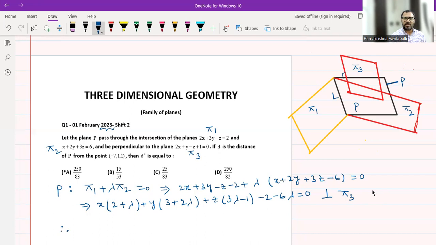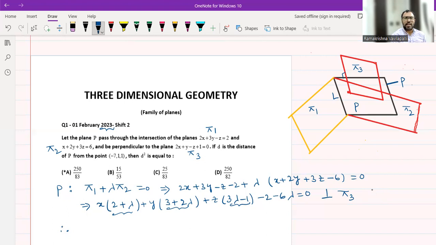What are the DRs of the normal to plane P? 2 plus lambda, 3 plus 2 lambda, 3 lambda minus 1. These are the DRs of plane P. And what are the DRs of plane 3? 2, 1, minus 1.